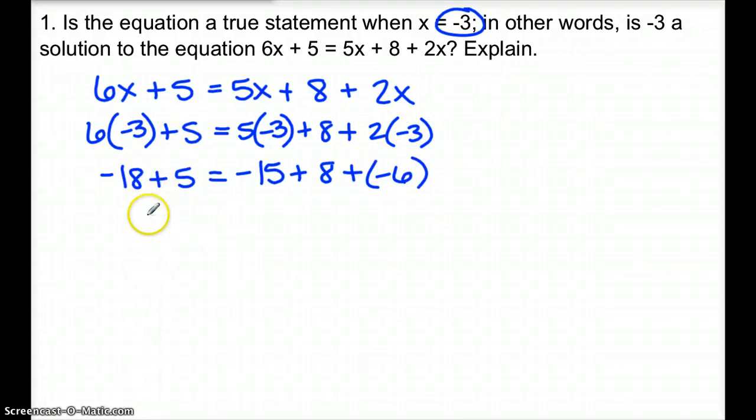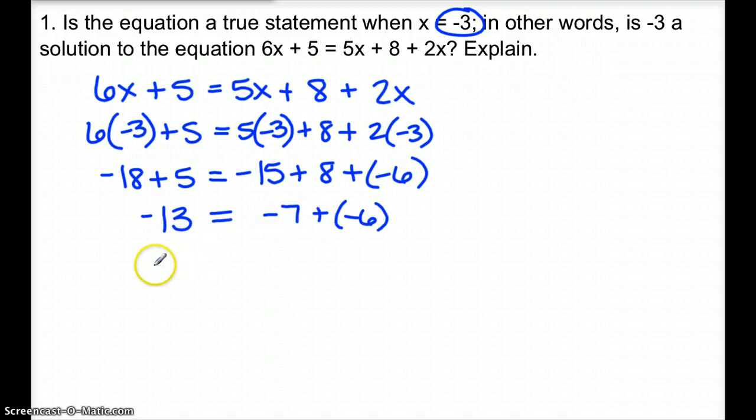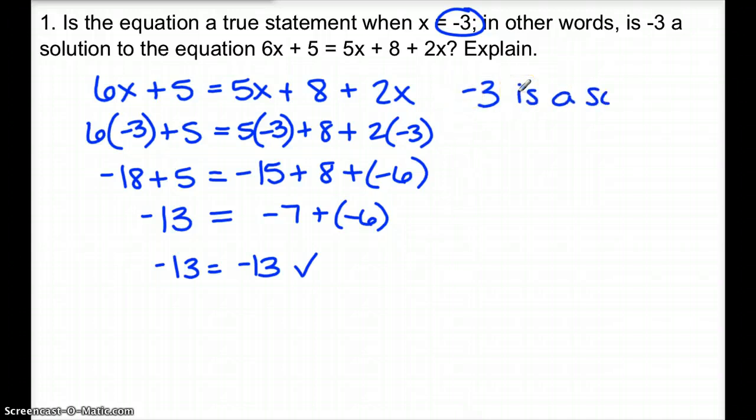Now -18 plus 5 is -13, so that side's done. -15 plus 8 would be -7, and then if you add another -6, that does end up being -13. So since the two sides of the equation ended up being equal once I plugged the -3 in, yes, -3 is a solution.